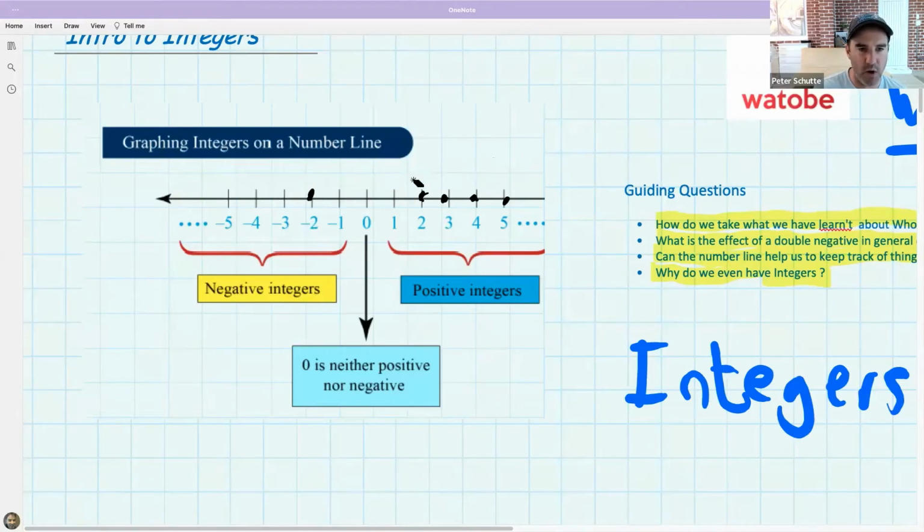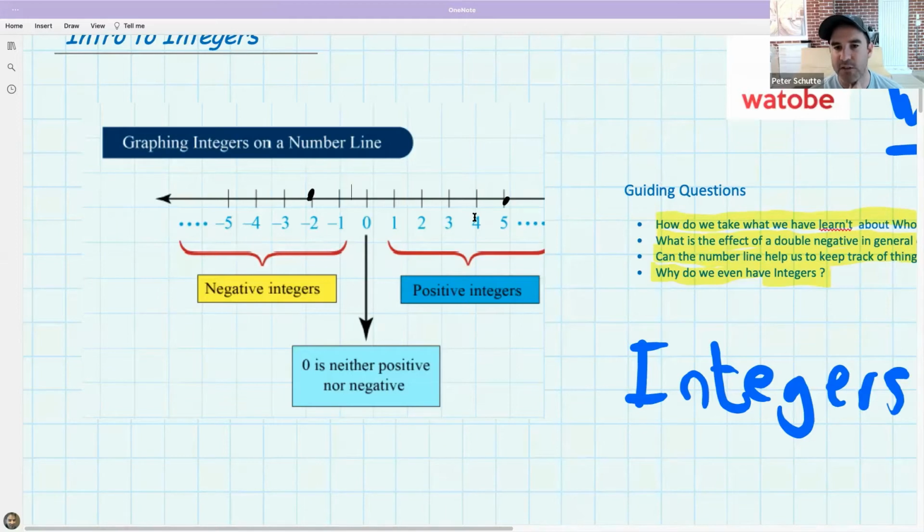Now, part of the reason why we have integers is that it was really helpful in the history of the world to have a meaning for a number that is different to a positive number. The main way that I think negative numbers came to be was out of the idea of owing somebody money. If you owe somebody money, or if they owe you money, that can mean two different things, even though the amount can be the same.